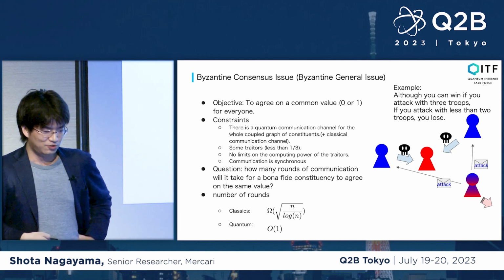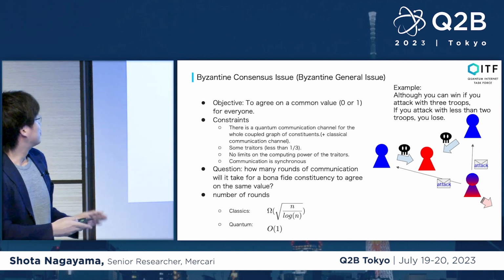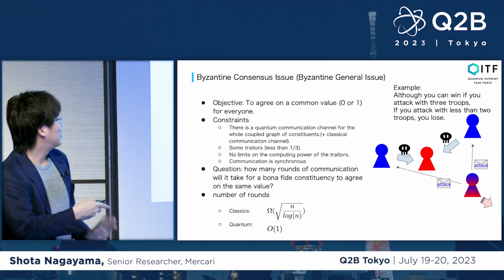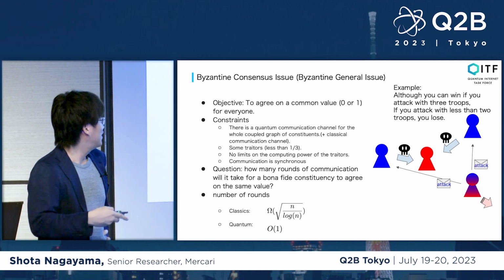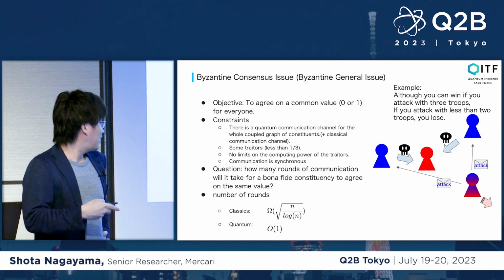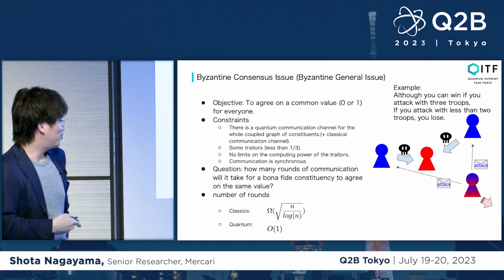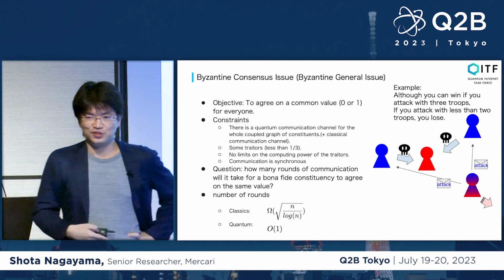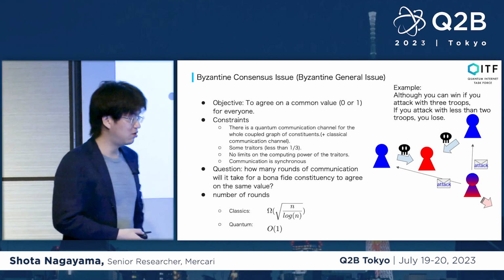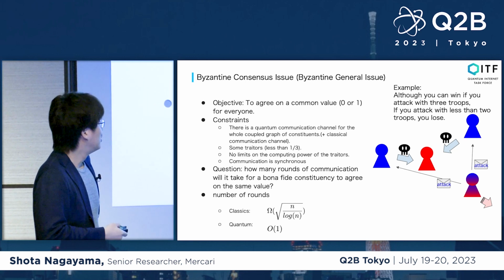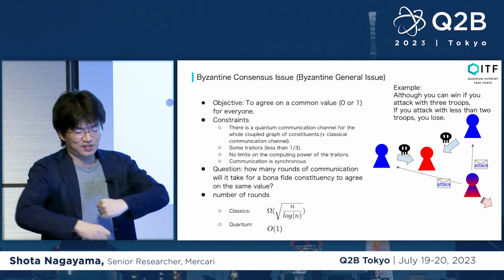Taking a consensus constantly at multiple locations can be time-consuming. It takes Omega of square root of n over log n, where n is the number of players who need to have consensus. But using quantum internet, that is always 1, which means the time will be very short to get the consensus.